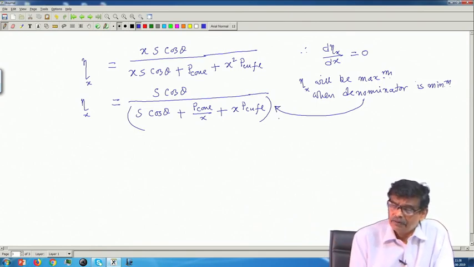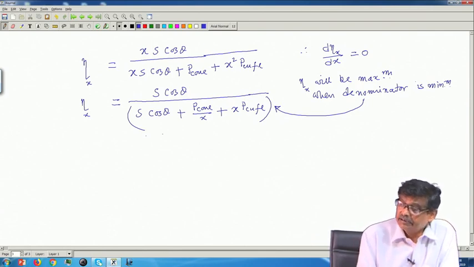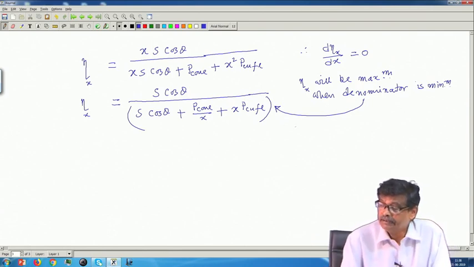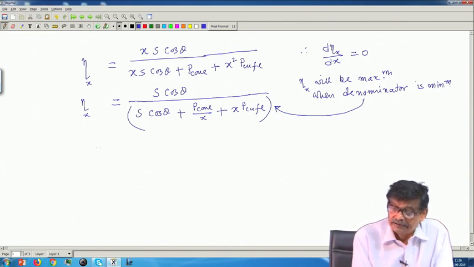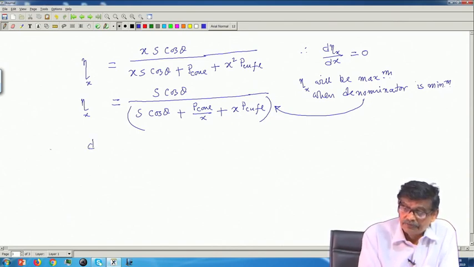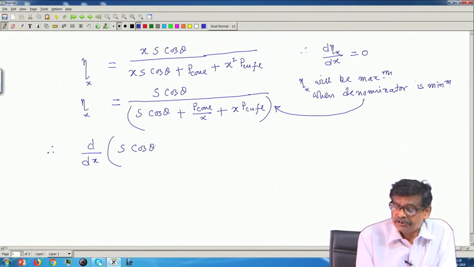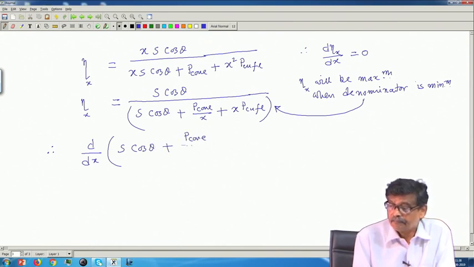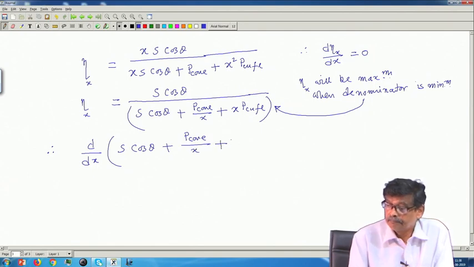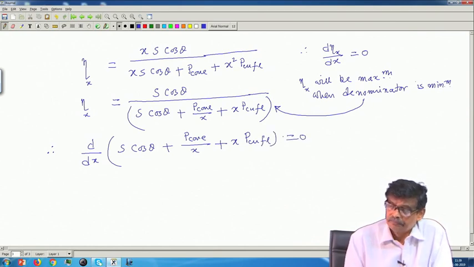So, minimum maximum whatever it is, which therefore tells me that to have this denominator to be minimum, I should differentiate this like this, and set it to 0.